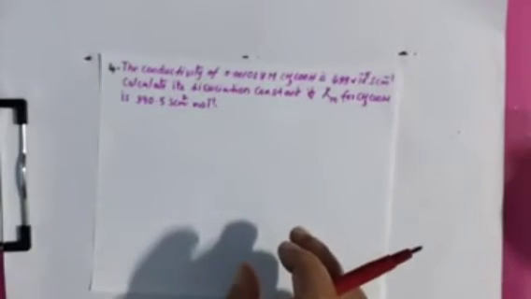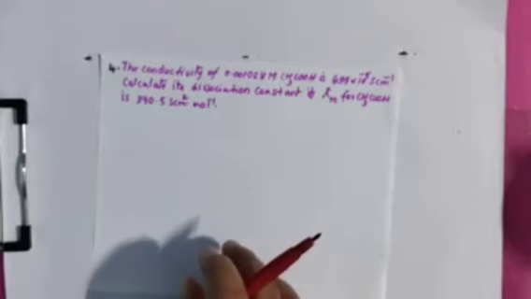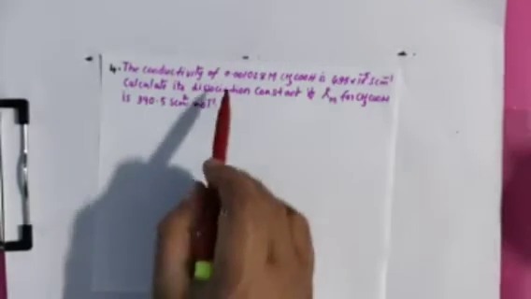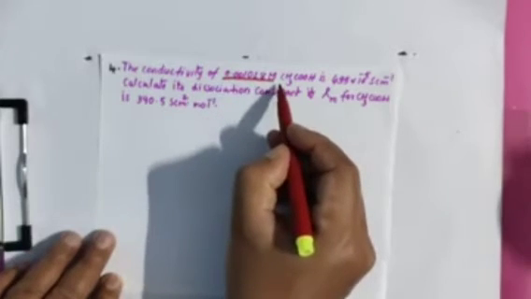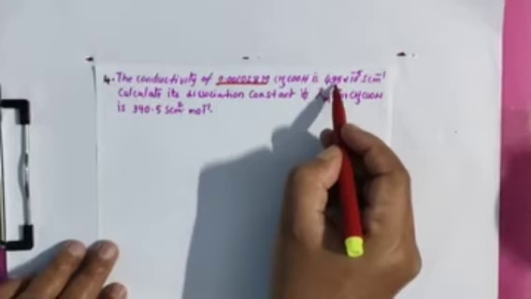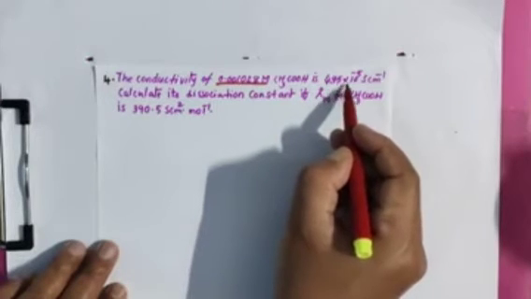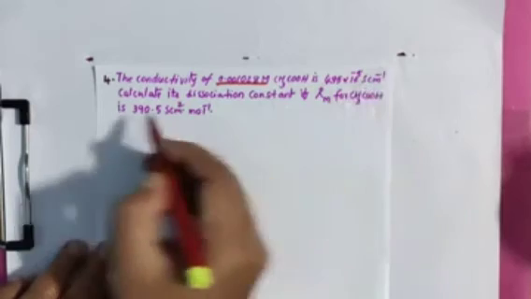Next, problem number 4. Another model we have here. Very important. The conductivity of 0.001028 molar acetic acid is 4.95 into 10 to the power of minus 5 Siemens centimeter inverse.